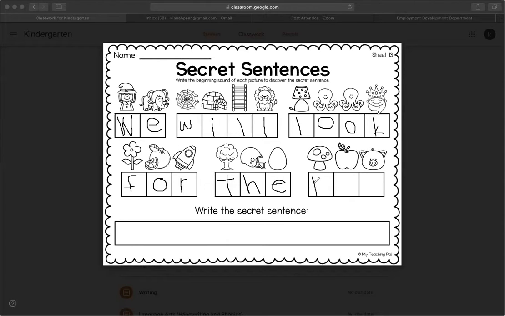M. Then Parker, can you tell me the next picture? Apple. And it starts with an A. And Alexa, can you tell me what the last picture is? Pig. And what letter sound is that? P. Good job.